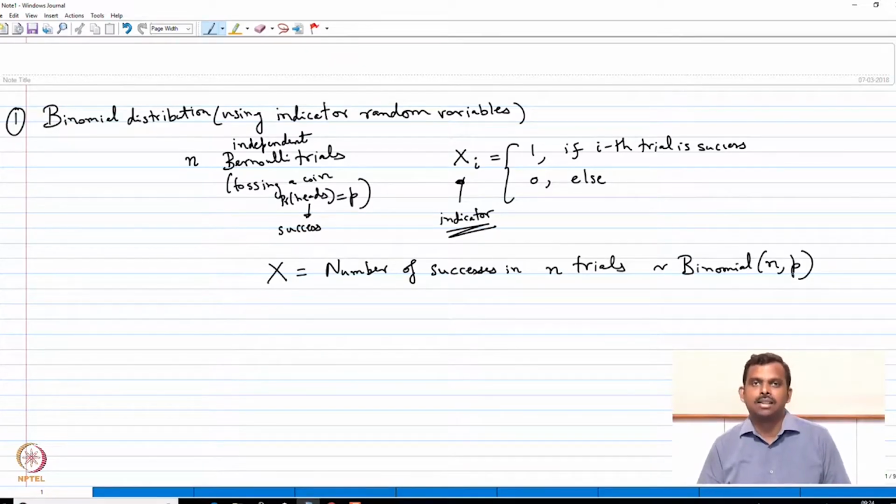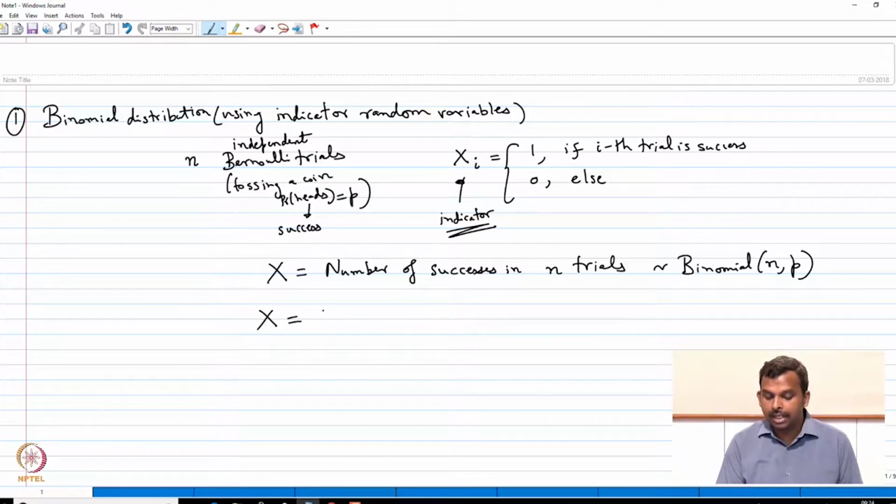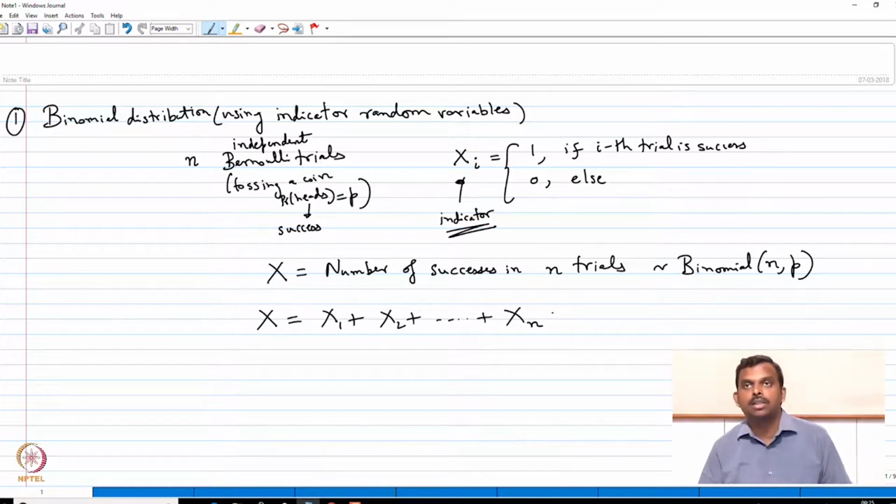We've studied this several times before, and you might also remember that this X can be written as X1 plus X2 plus so on till Xn. If you add up these n indicator random variables, you end up getting the binomial random variable, which is the number of successes.